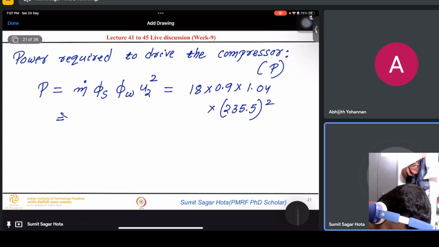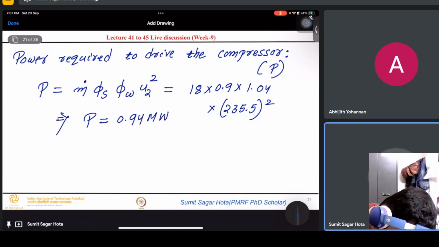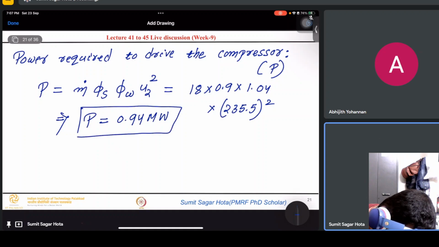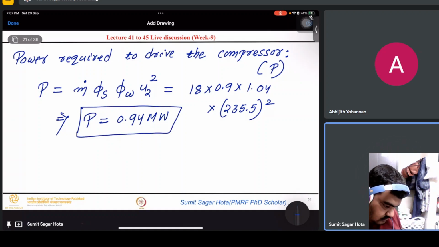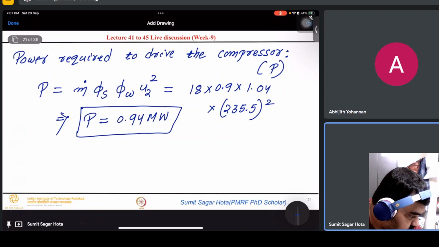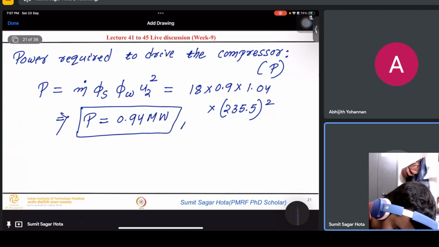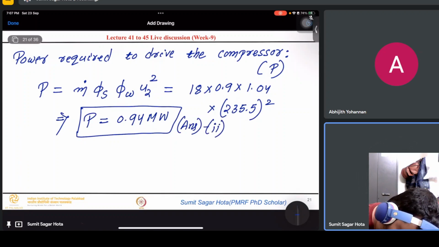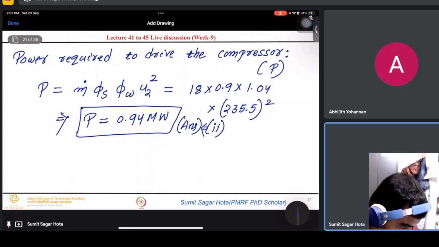When you solve it, you get the power required to drive the compressor as 0.94 megawatt. So this is the answer of your second bit.